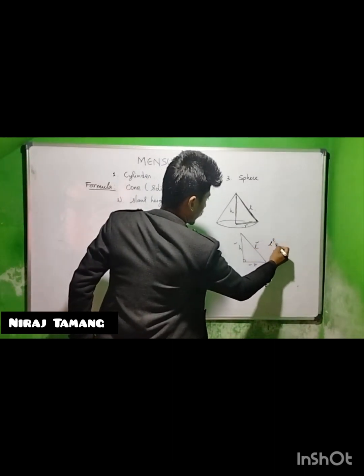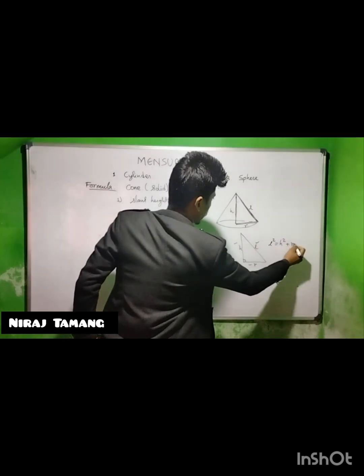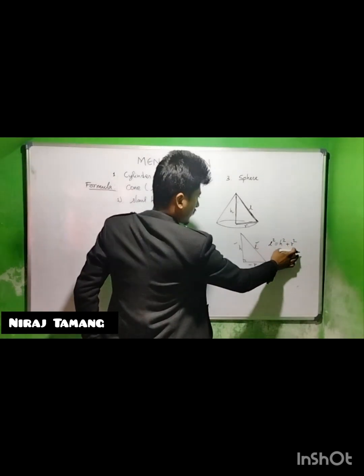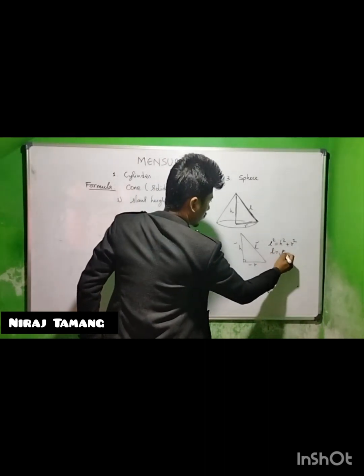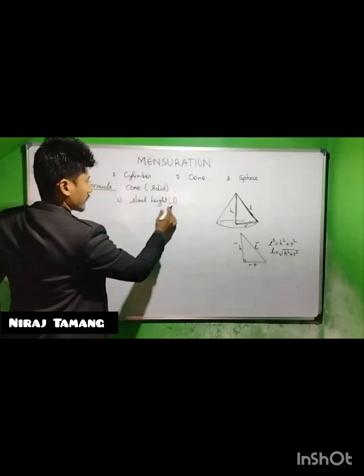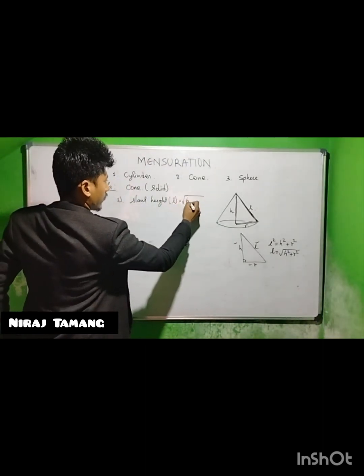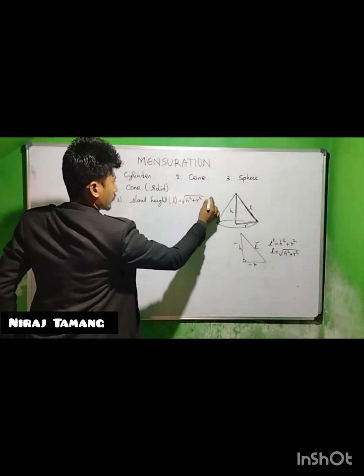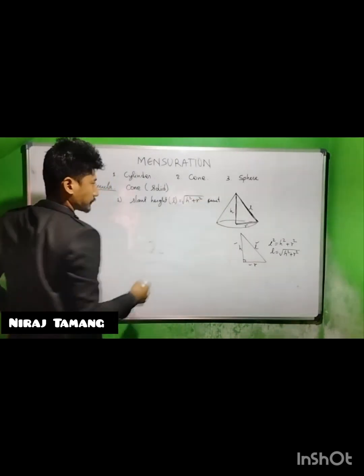So L square equals h square plus r square. That is hypotenuse square equals perpendicular square plus base square. So from here L equals under root of h square plus r square. So it is only unit, not square unit.